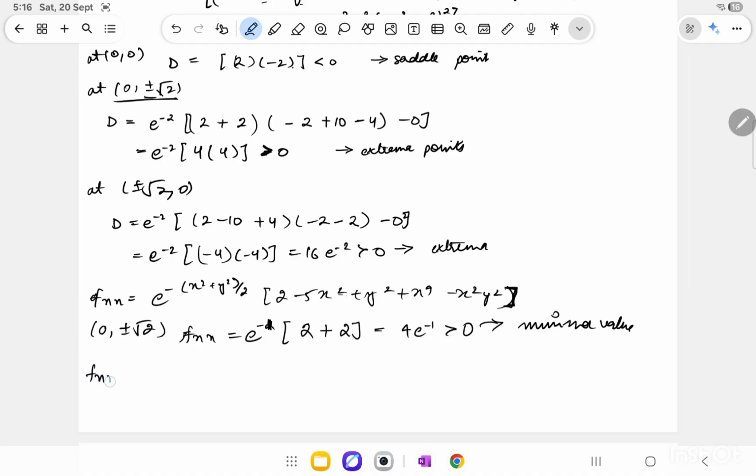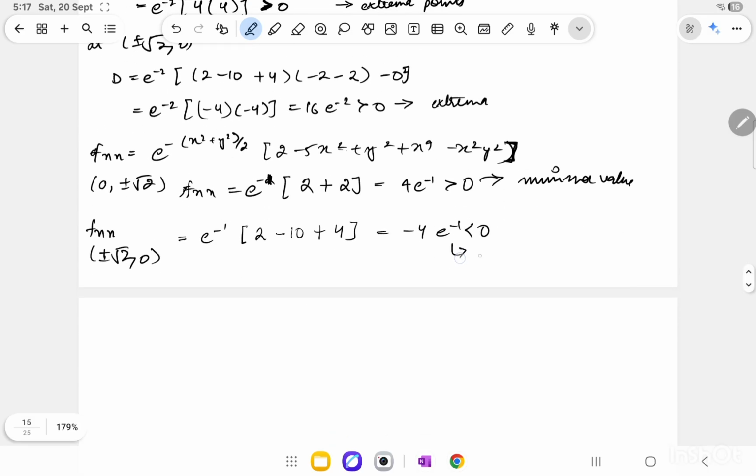Likewise fxx at plus minus root 2, 0, so it will be e raised minus 1 into (2 minus 10 plus 4), that is 6 minus 10, that is minus 4 e raised minus 1, which is less than 0.